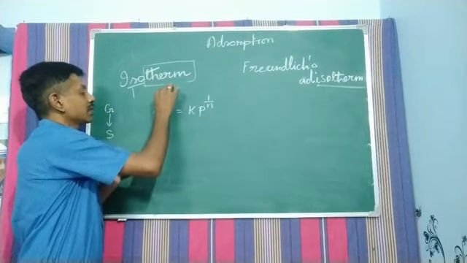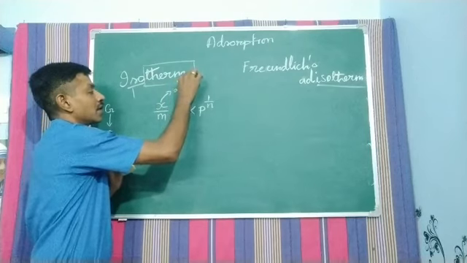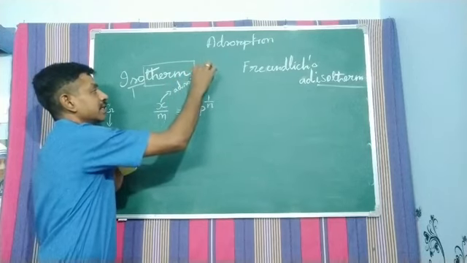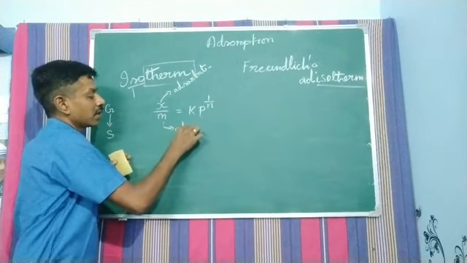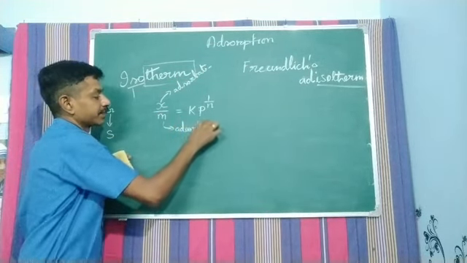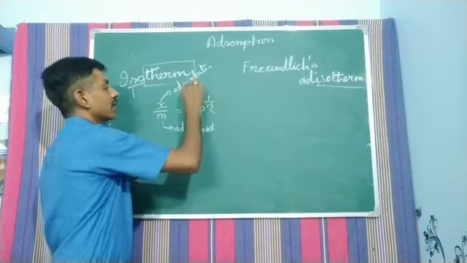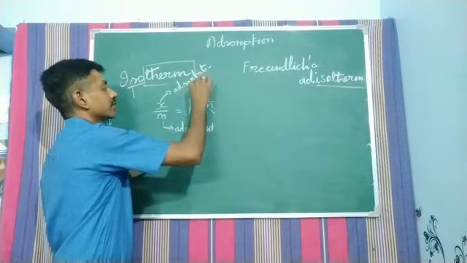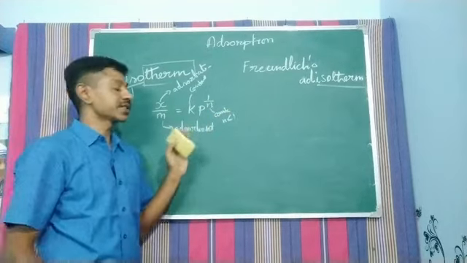Here x refers to the amount of adsorbate and m refers to the amount of adsorbent. And this K and n are constants. This n is also a constant, but n's value should always be less than unity. That is the condition he is representing.